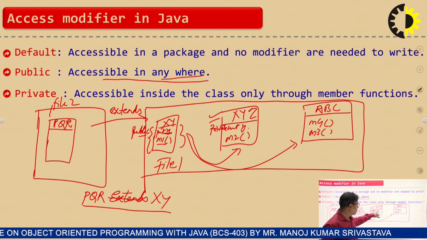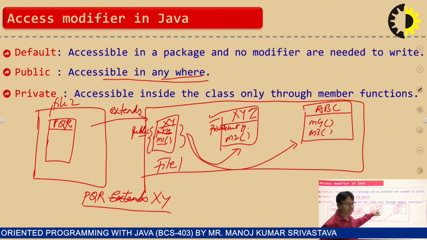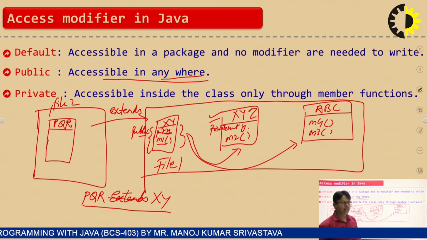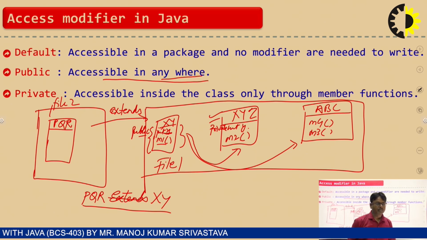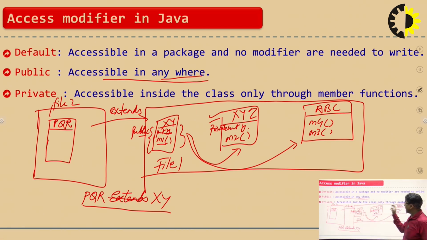This private member can be accessed in this class directly, as it is said in this definition, accessible inside the class only through the member function. So m2 is a member function of the xyz class, and y is a variable of the xyz class. The variable present in the same class can be accessed by the member present over there.